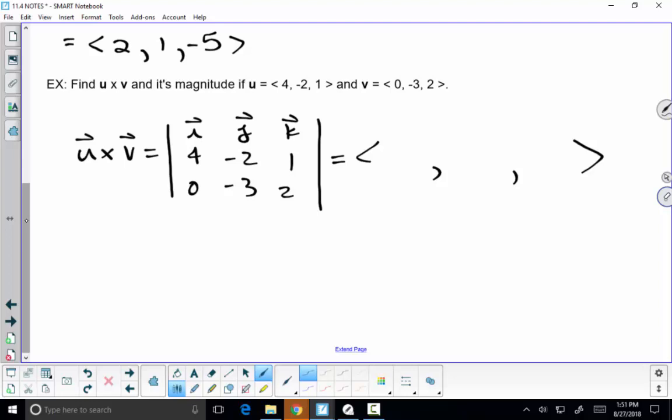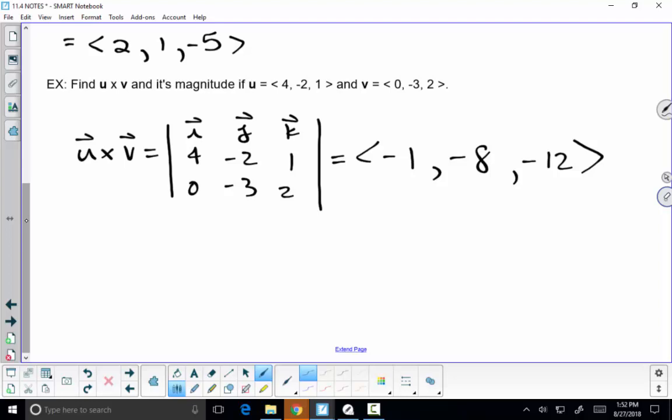So -4 plus 3, -1. The y component, cross out the middle column, you do 8 minus 0, you get 8, but then you reverse the sign and get -8. So the middle component always has a reverse sign. Third component, cross out the third column, -12 minus 0, you get -12. So you'll get to that point.